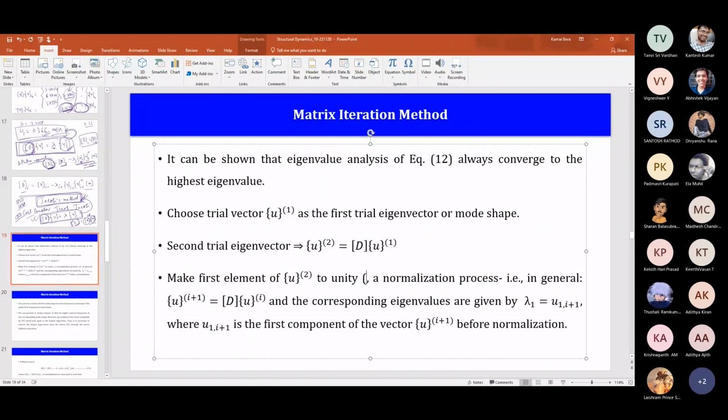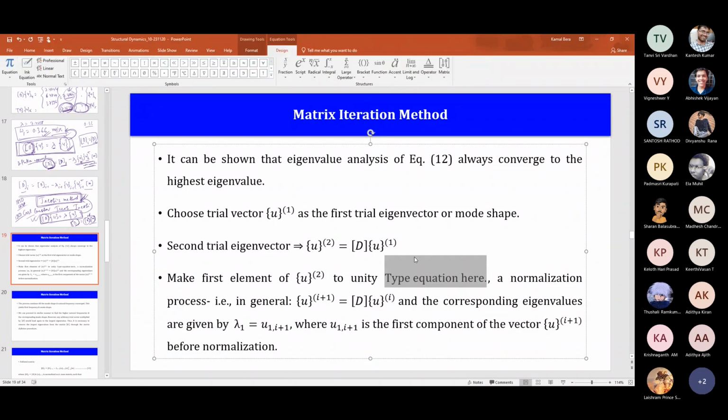Plane section before deformation and after deformation remains plane and normal to the neutral surface. If not only plane, it will be normal. That is the basic assumption of the Euler-Bernoulli beam theory.